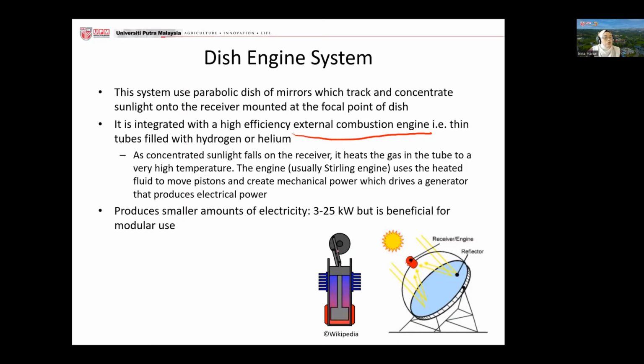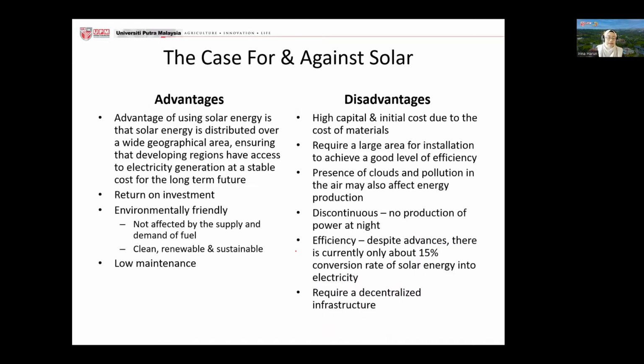So it's no longer about a steam turbine, but it uses the engine. But it is still mechanical energy, and it is finally being converted into electricity. Of course, when people talk about solar, there are advantages and there are disadvantages.